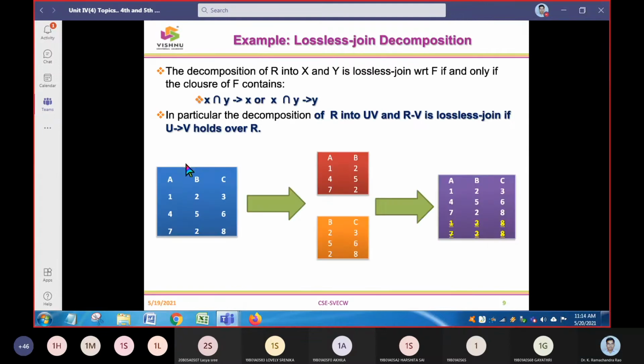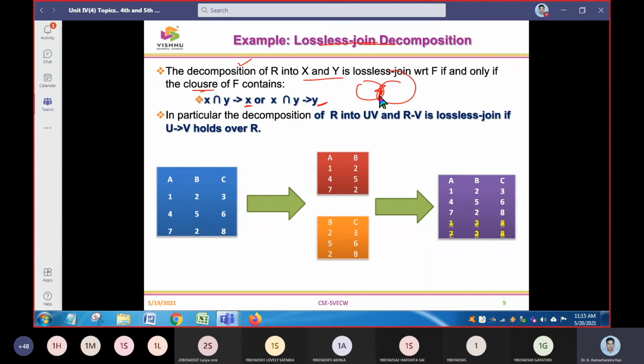Now in this case, let us talk about the example called lossless join. When we figure out this lossless join decomposition, the thing was that no loss of data should happen. There was a decomposition of a relation R into X and Y, and it is satisfying the closure property, that is, X intersection Y is X or X intersection Y is Y. So both are common, right?